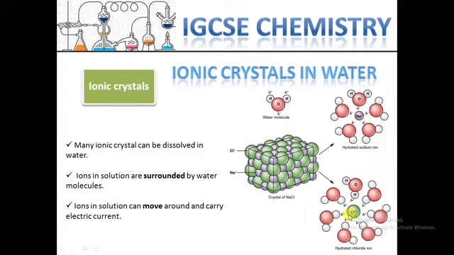And the chloride ion, in negative form, can be surrounded by the positive side of water, which is hydrogen. So the negative ion is surrounded by the positive side of water, which is hydrogen, and the positive ion is surrounded by the negative side of water, which is oxygen.